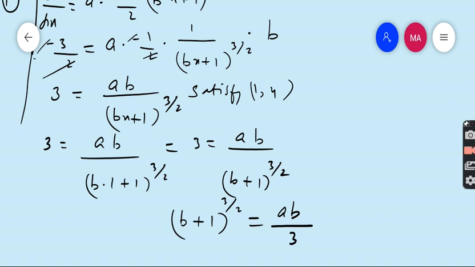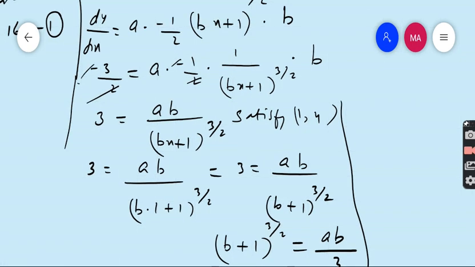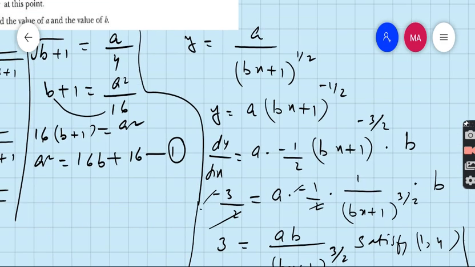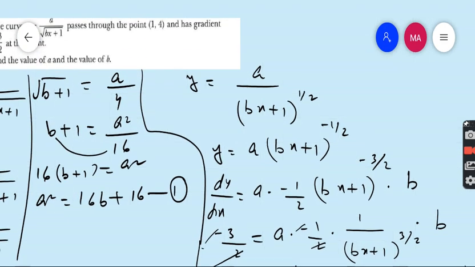Now what is our equation? Equation number 1 was, if we take this equation, root b plus 1. See carefully what I am doing.